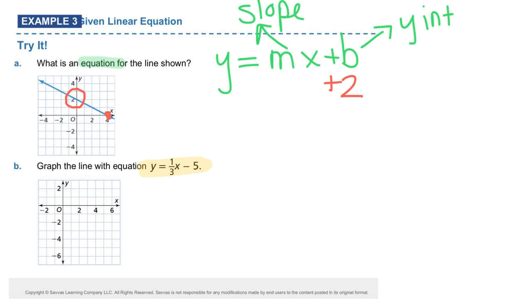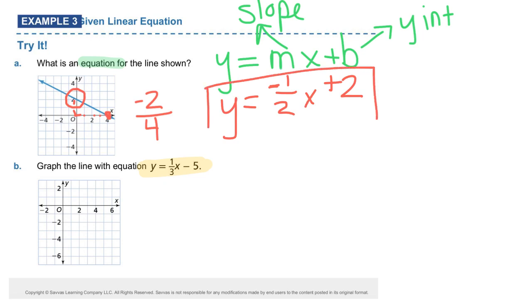I am falling 1, 2, and running 4. Well, that can be put into simpler form. So if I do that in simplest form, I'll have -1/2 x, and my y-intercept is 2. That is my equation.